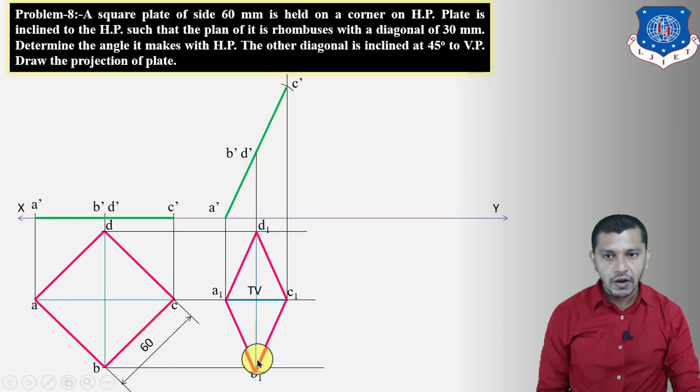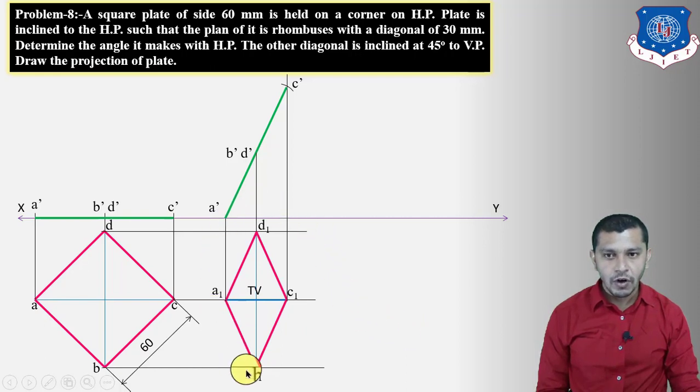So this is the plan of the diagonal BD, and this is the true length of the diagonal BD, and we have been given the angle of BD. So right now this given angle is phi, it is not beta. So how can we find out the beta angle? Now if we observe this figure, the true length of the diagonal BD and the plan of the diagonal BD will remain same. That means beta and phi will remain same.